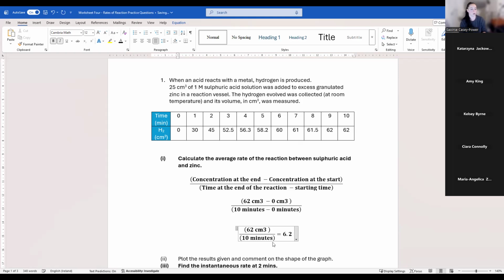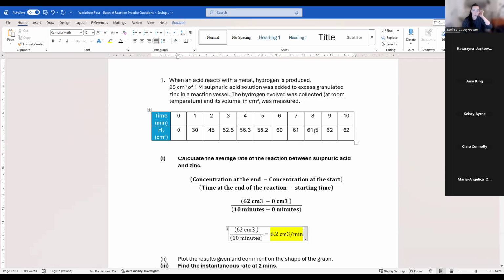This is where it's important that we look at the SI units, because we have to include the SI unit after everything. In this case, it will be centimeters cubed, divided by time in minutes. So your average rate of reaction will look something like this: 6.2 centimeters cubed per minute.